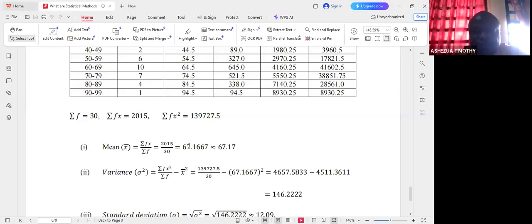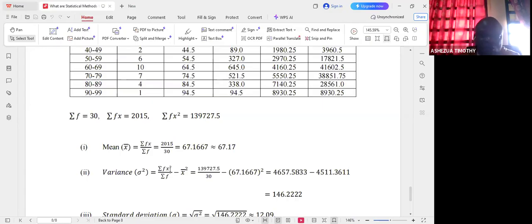We have 67.1667, which is approximately 67.17.